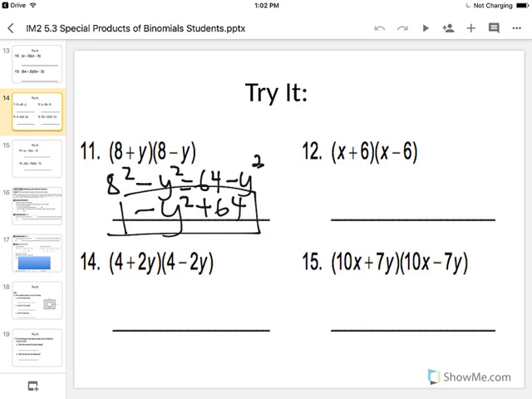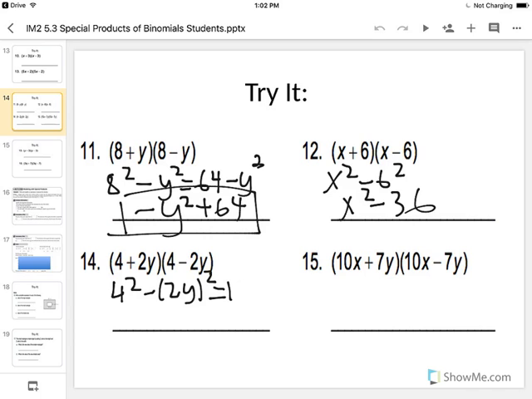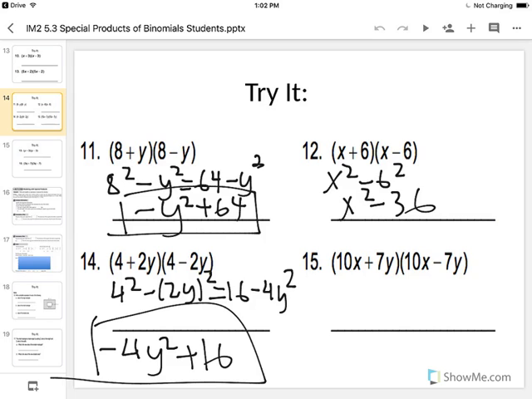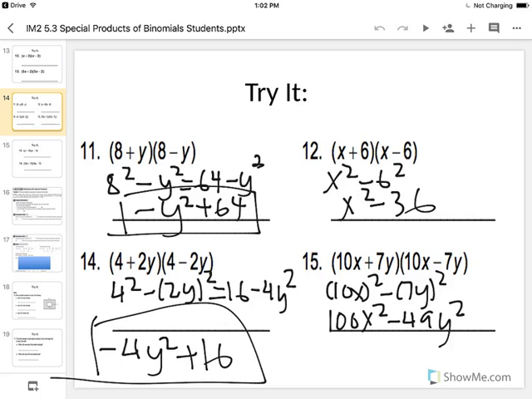As always, write your answer in standard form. Check your answer for number 11, 12, 13, and 15.